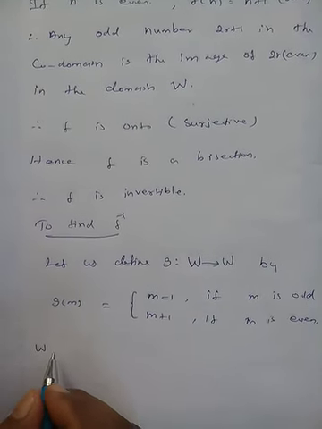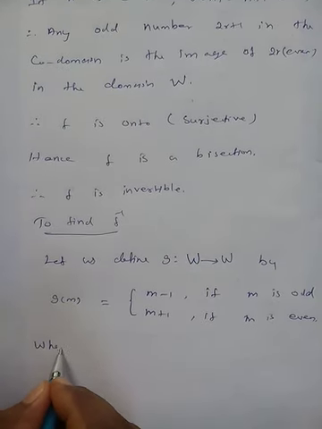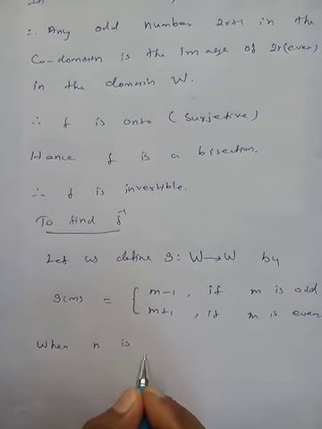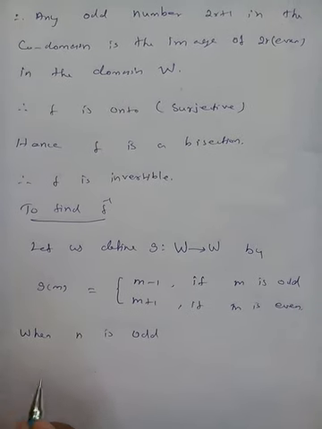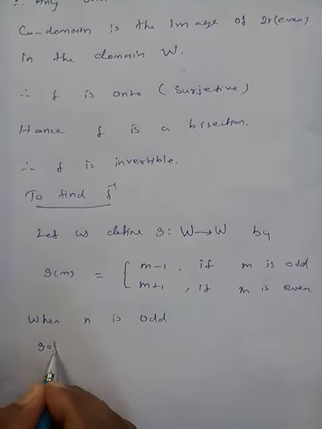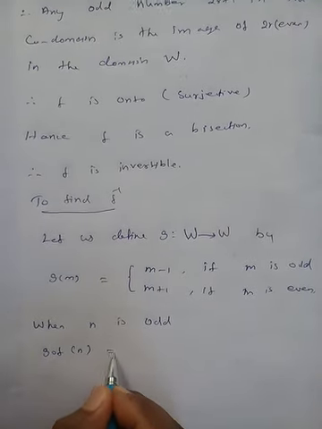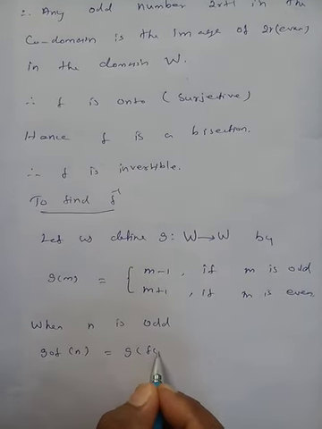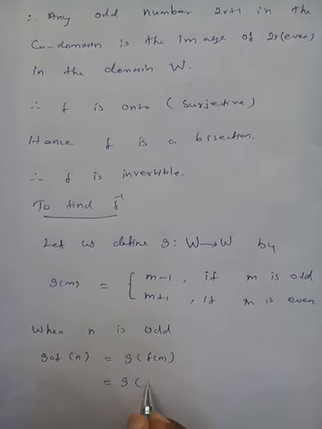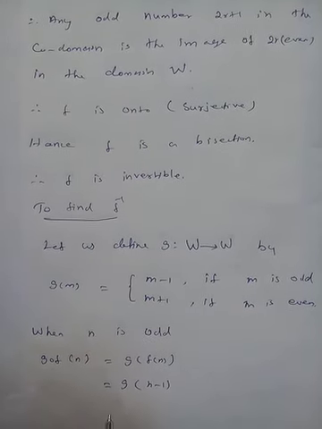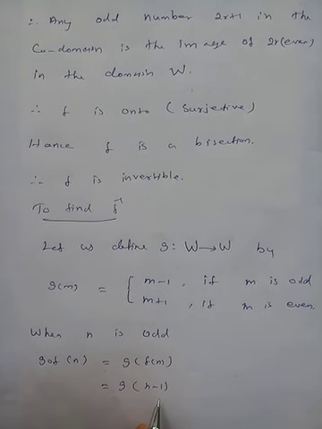When n is odd, g composition f of n equals g of f(n). f(n) is equal to n minus 1. Then g of n minus 1.